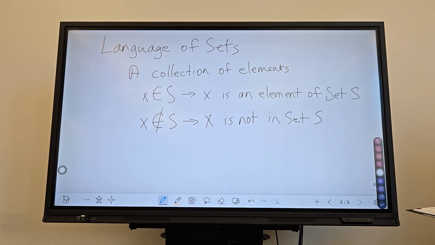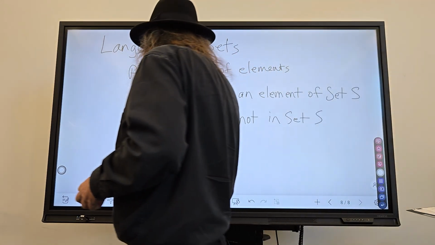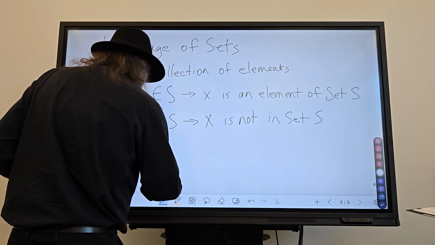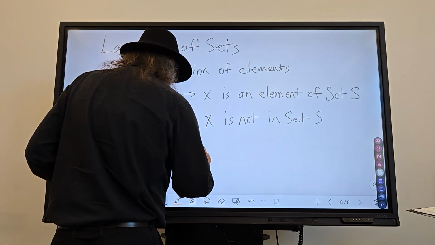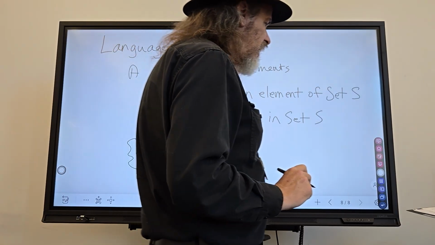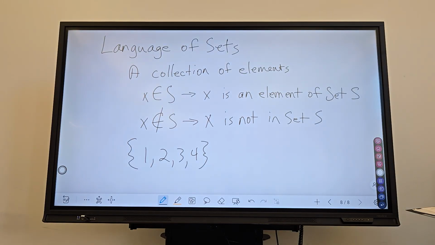Set roster notation is used to write the elements of a set in curly braces. So that would define a set of the numbers 1, 2, 3, and 4, where the elements are the numbers 1, 2, 3, and 4.